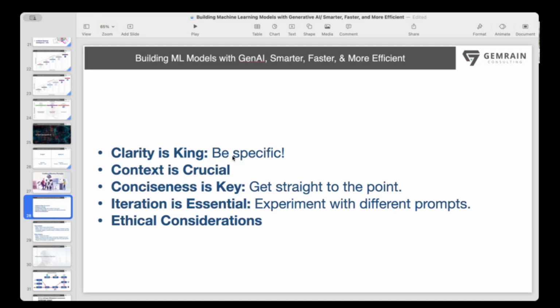For example, currently we are in the field of artificial intelligence. So I always start my prompt with an instruction. Okay, act as a data scientist, act as a data analyst, act as a data visualization professional, act as a programmer, or whatever I want the generative AI tool to be. So if I want the generative AI tool to build a model, I'm going to say, okay, act as a data scientist.